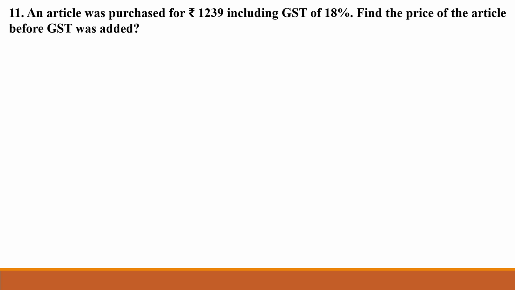So again we have 1,239 as the total price of the article in which the GST is already included. We can use the formula or the method of linear equation to solve this, but this time we are going to use the unitary method. So let us proceed with the solution.